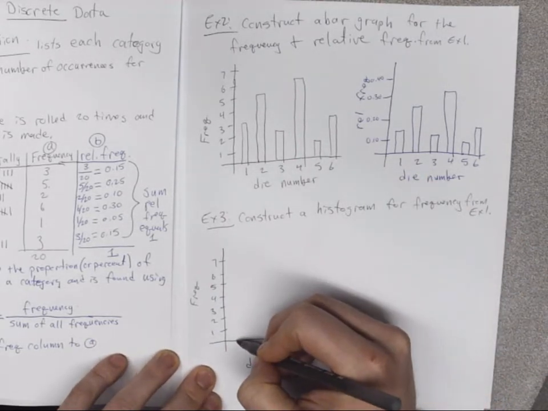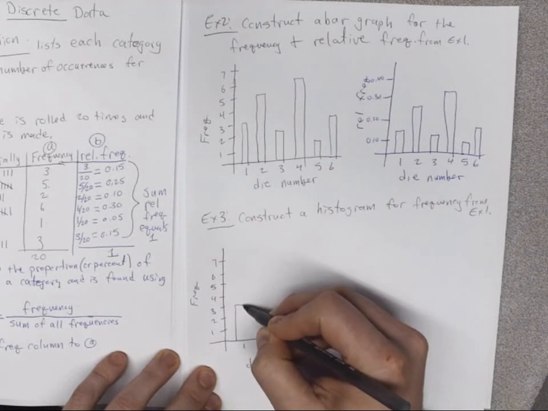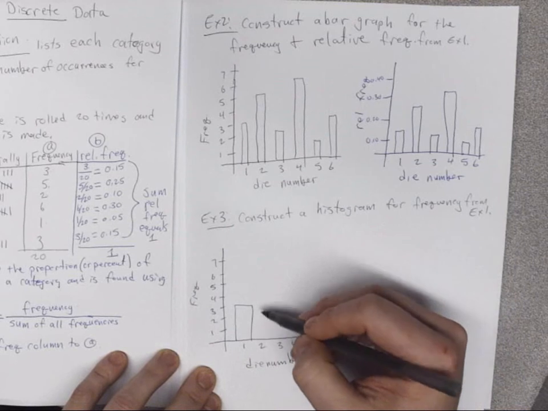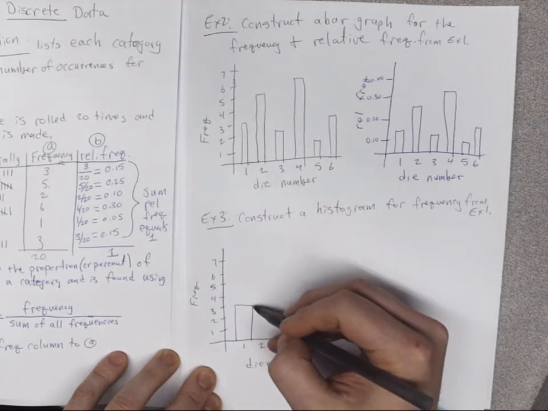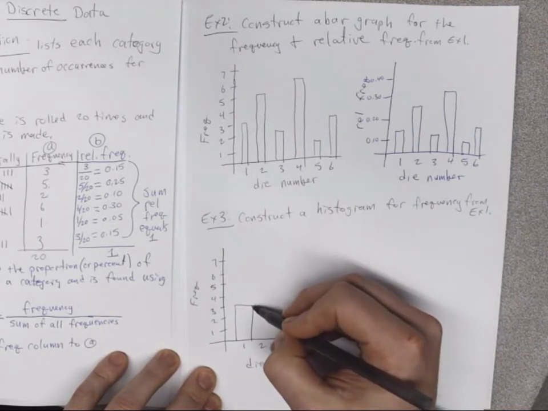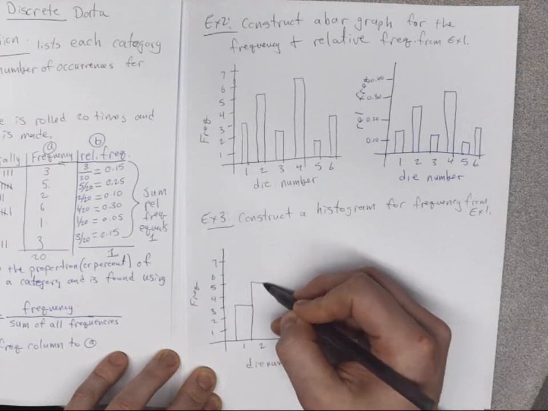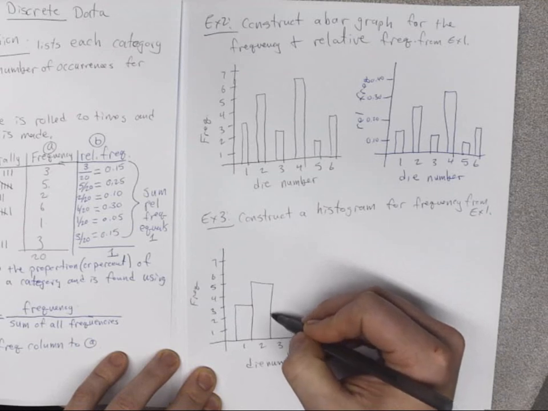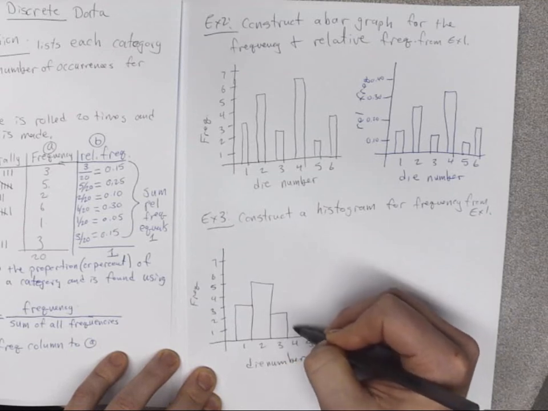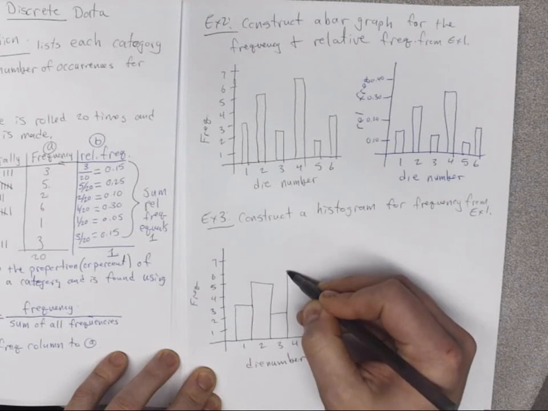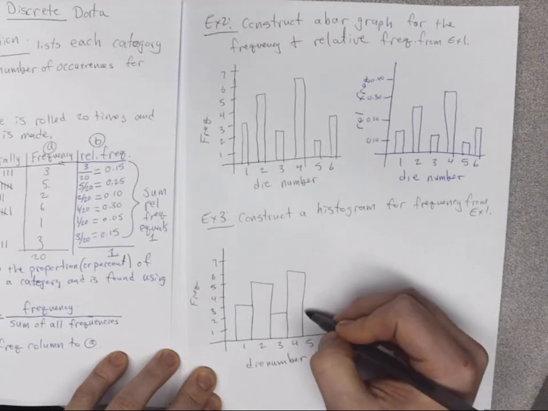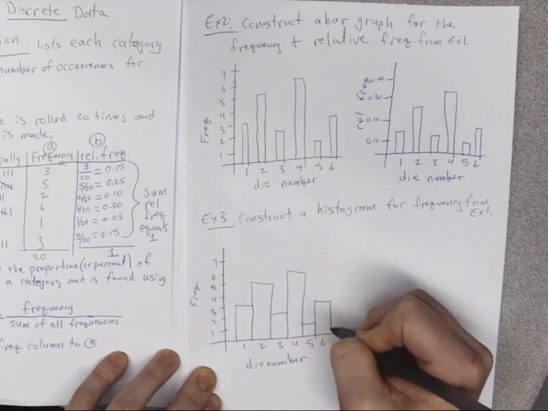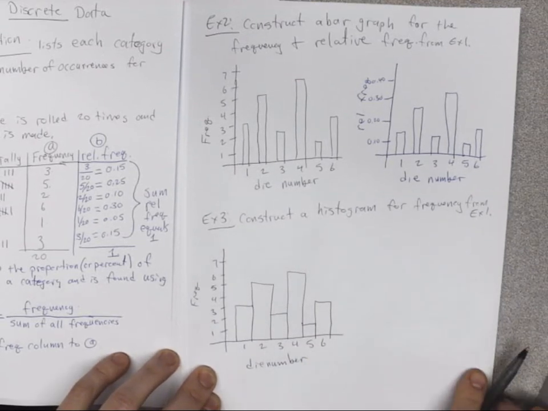So here for 1, it goes up to 3, and then 2 goes up to 5. So now instead of drawing separately like this, I'll just connect it to this other bar here. So this goes up to 5, just like that. And then now 3 goes up to 2. So this is really the only difference. Now 4 goes to 6. 5 goes up to 1, and 6 goes up to 3. All right, and I will leave you to do a relative frequency.